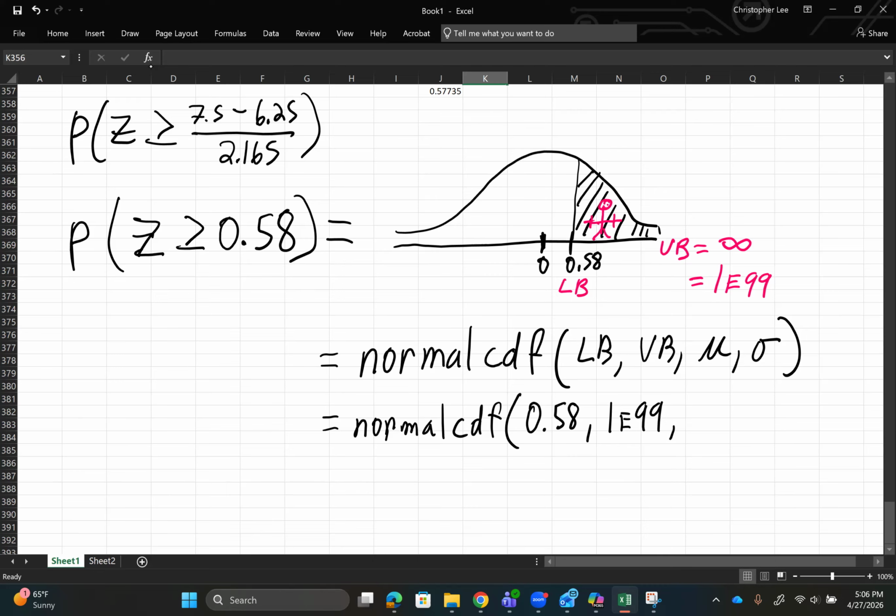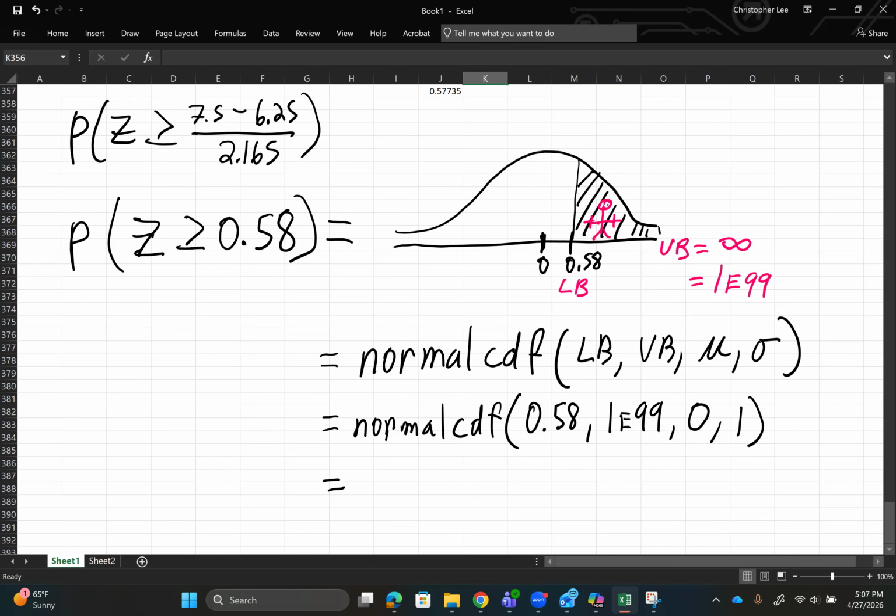No, not 1. Give me something more simple than 1. 0, now we're talking. What's the standard deviation? It's what you guys were saying before. 1. And that's it. We type it in the calculator, click enter, and we're good.